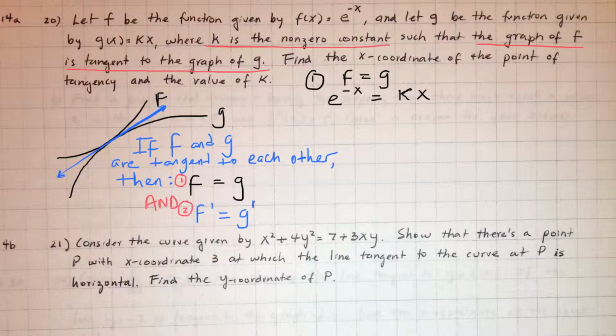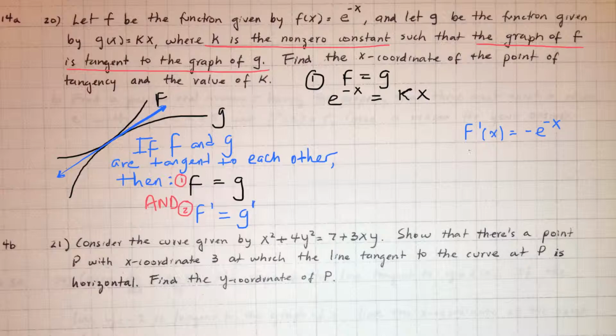My second equation is that f prime is equal to g prime. So then let's go ahead and find f prime of x and g prime of x. f is e to the negative x, so f prime is e to the negative x times the derivative of negative x, which is negative 1. And I can just make it a coefficient at the front, negative e to the negative x.